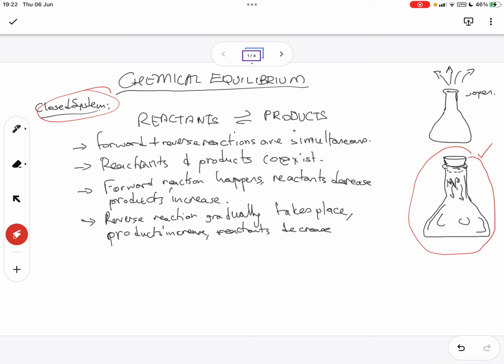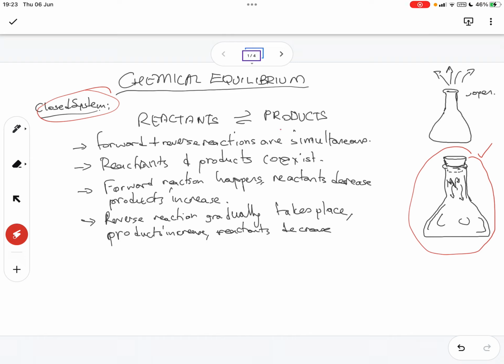that reactants and products can coexist. In other words, whatever you have as the reactant and as a product, they coexist. So you will have reactants forming products and products forming reactants at the same time. As the forward reaction happens, the reactants decrease, but the products increase.